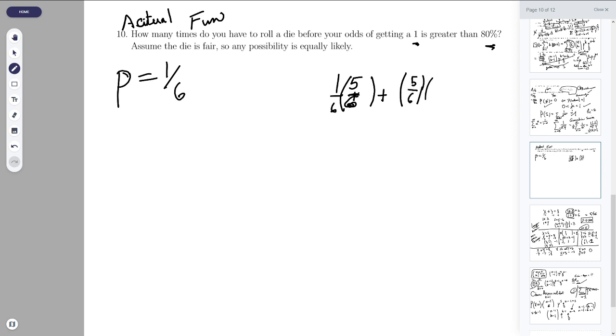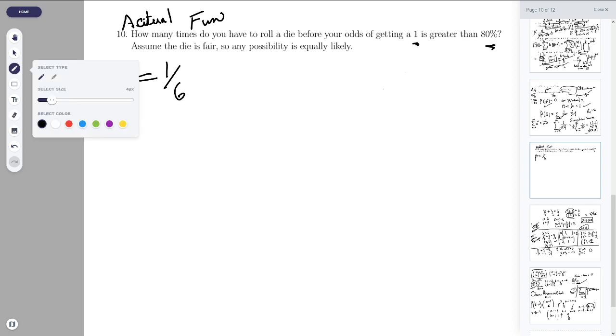Oh no, actually I think it is just 2/6 in that case. But anyway, the important fact is that 2/6 is 1/3, so that's not 80%. So let me show you how to do this problem.